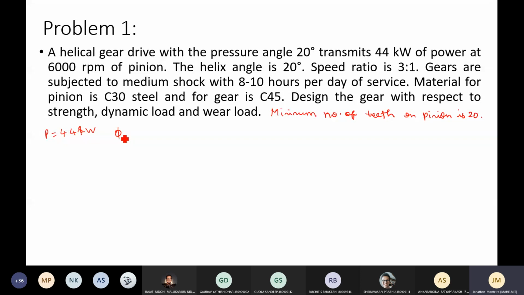Let me put it as phi, 20. 6000 RPM of pinion, N is 6000 RPM. Helix angle beta is 20 degrees. See, helix angle with respect to your data handbook is given as beta. Speed ratio is 3:1. Gears are subjected to medium shock, 8 to 10 hours per day of service. Medium shock.